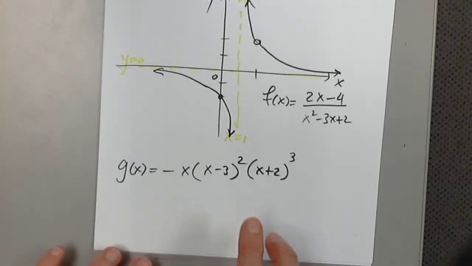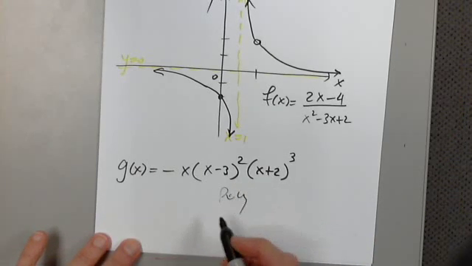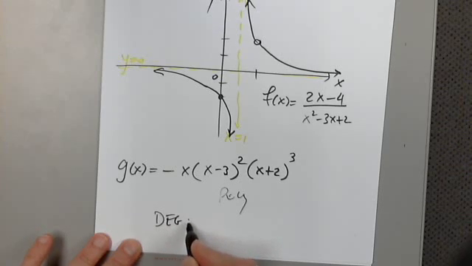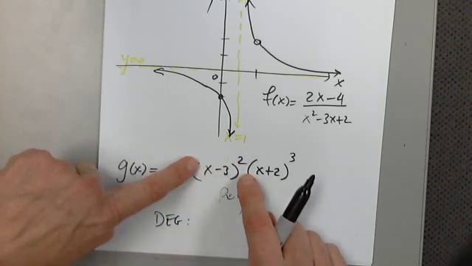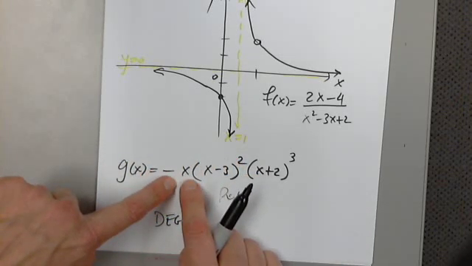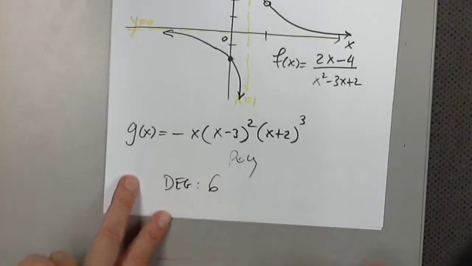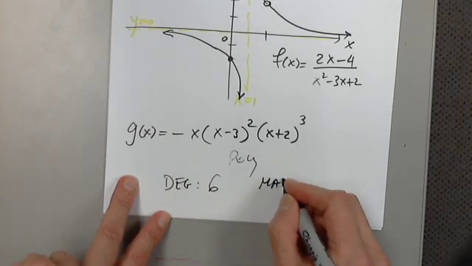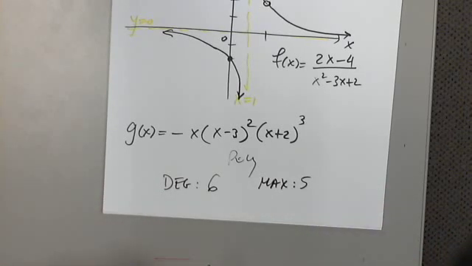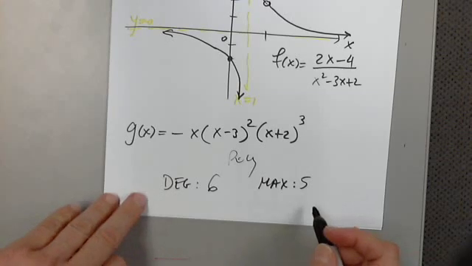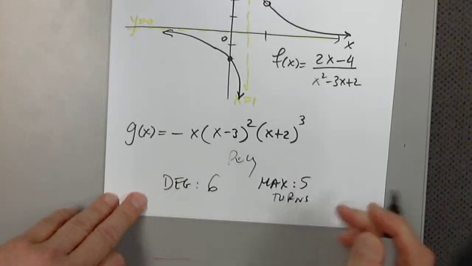It's polynomial. What about the degree? This is degree 3, this is degree 2, and this is degree 1. 6 indeed. What is the maximum possible number of turns? Yes, it will not turn more. It doesn't have to turn 5, but it cannot turn more than 5. Max turns. Good.